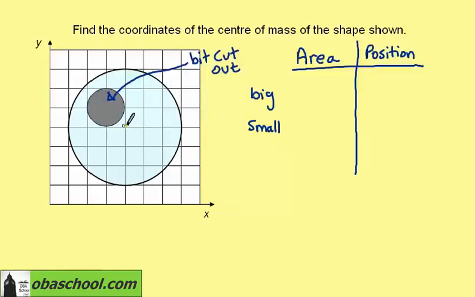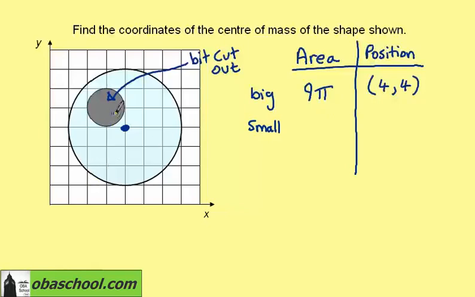For the big circle, the center of mass is at the center of the circle, which is at the coordinates 4, 4. The area of the circle, the radius is 3, pi times 3 squared, is 9 pi.